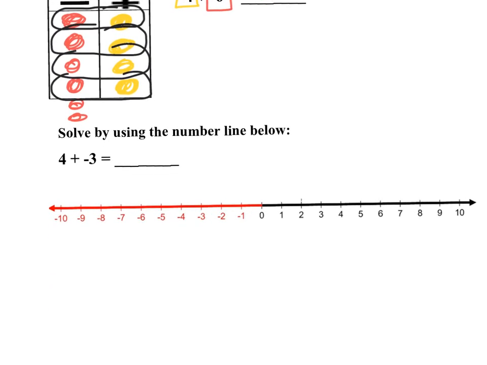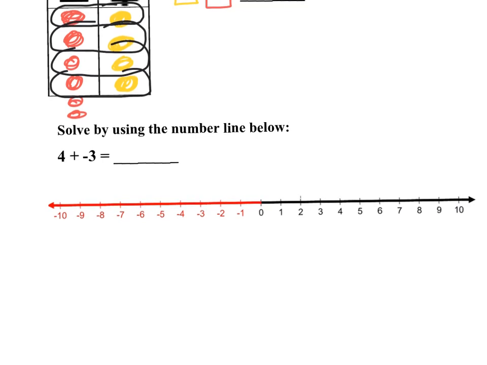And again, you're going to choose which method you like better today and solve the integers that way. All right, so here we're going to make sure that 4 is our starting point. So we're going to start at 4. I'm going to find 4 on the number line, and that's where I'm going to start.